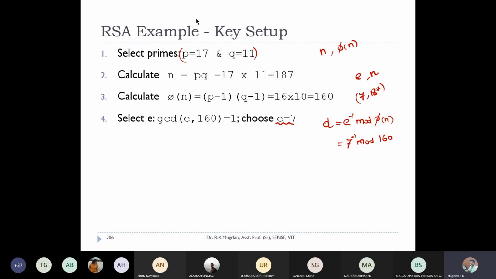So we can't go for Fermat's theorem. You can use your Euler's theorem. Any answer on the multiplicative inverse of 7?